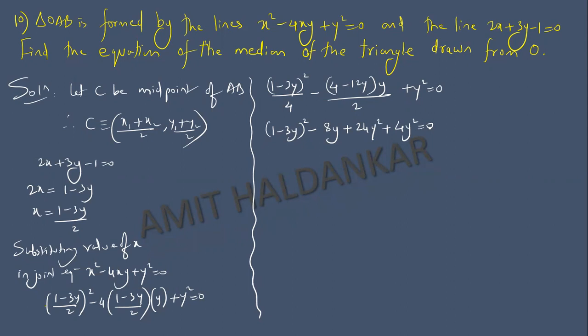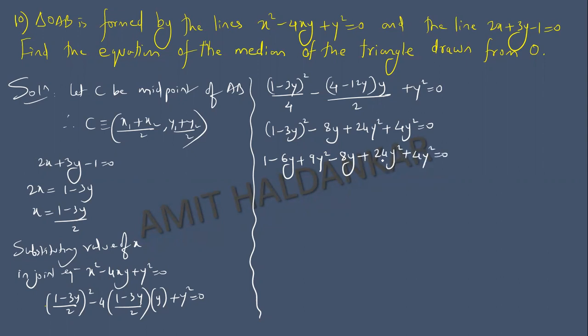So this is what you get. Now when I solve this, I get 1 minus 6y plus 9y square minus 8y plus 24y square plus 4y square is equal to 0.